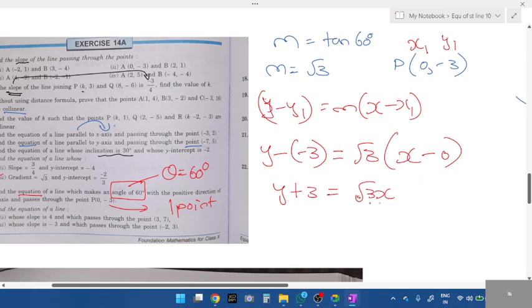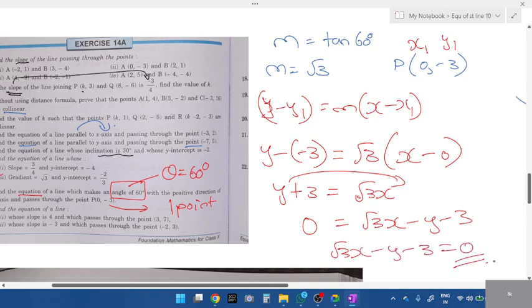We don't have any denominators. Arrange this, give preference to x, shift this. All of you understood? Is it clear, students? This is the answer.